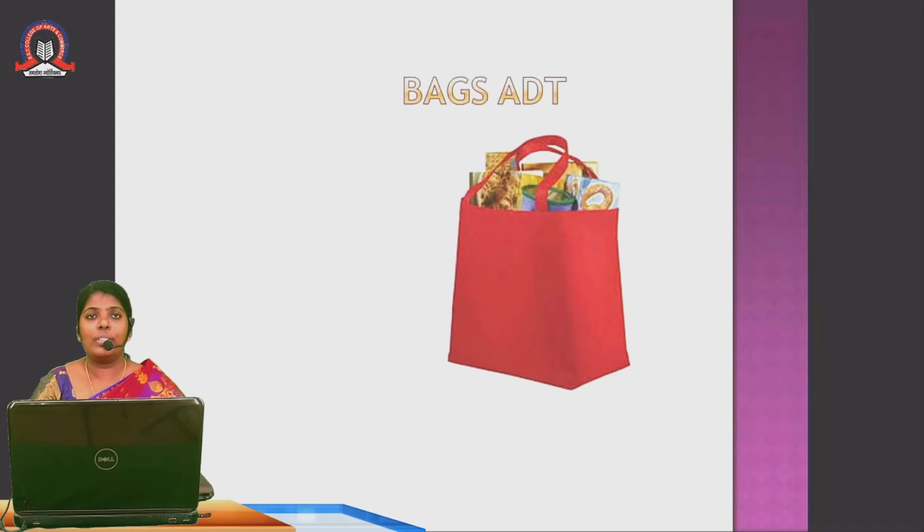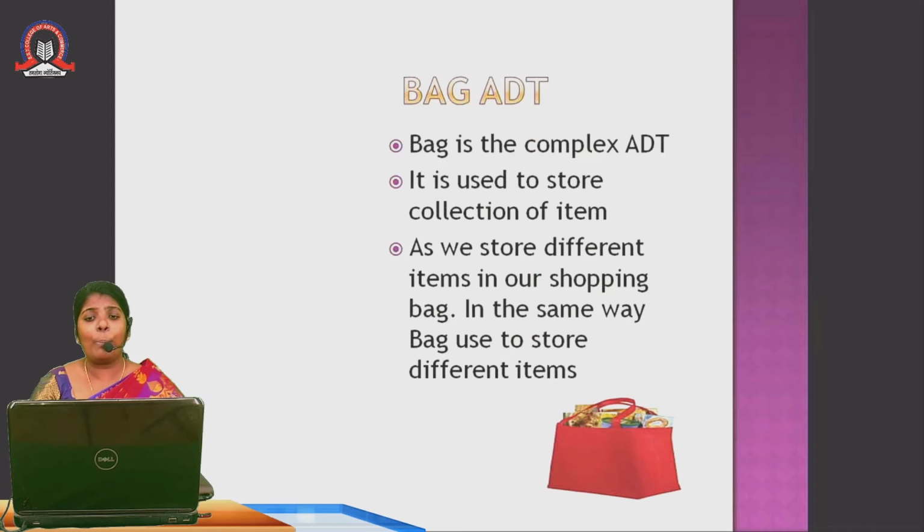Now we are going to see the bag ADT, that is bag abstract data type. Why do we need a bag? A shopping bag collects all the items. In data structures also we use the bag ADT, where we can collect different types of items. Bag is a complex ADT.